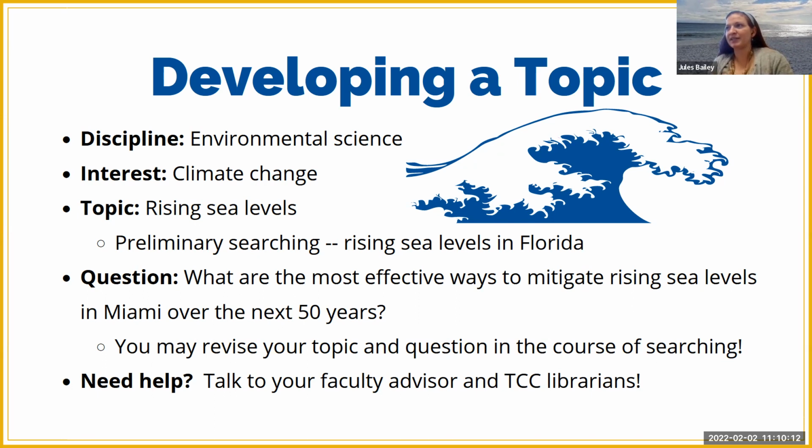And what you're specifically interested in is, say, climate change. Climate change is way too broad of a topic. We're not going to do your Undergraduate Research Symposium on climate change. You need to get narrower and think, what in this great big topic of climate change am I interested in? What could I possibly research?